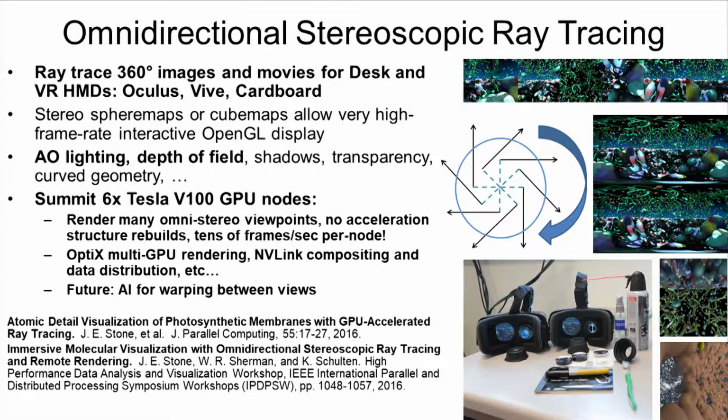So that means you have a movie that you can actually turn around in a complete circle and see in all directions. And not only that, but it's in stereo, so it's 3D. It feels like you're actually there. So VMD has the ability to render these omnidirectional projections using ray tracing, and you can render a complete movie using the built-in tools in VMD, and you can upload it to YouTube.